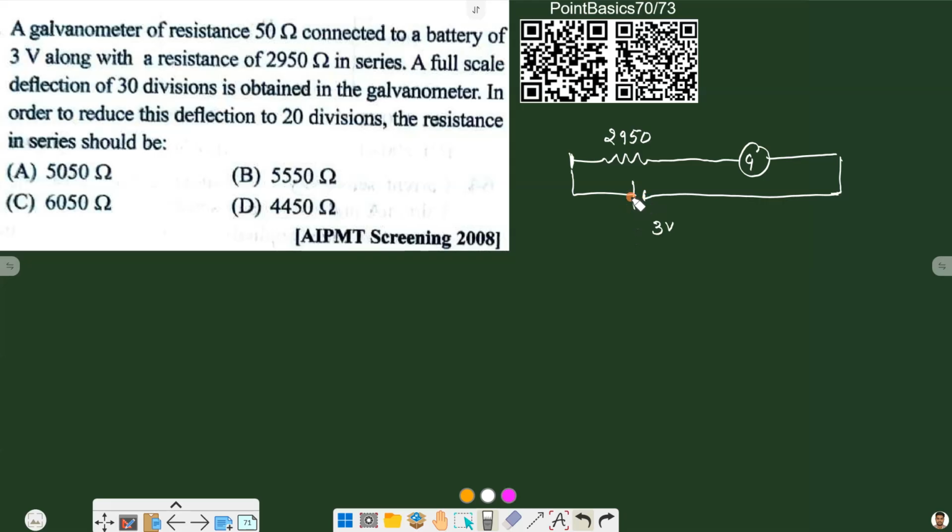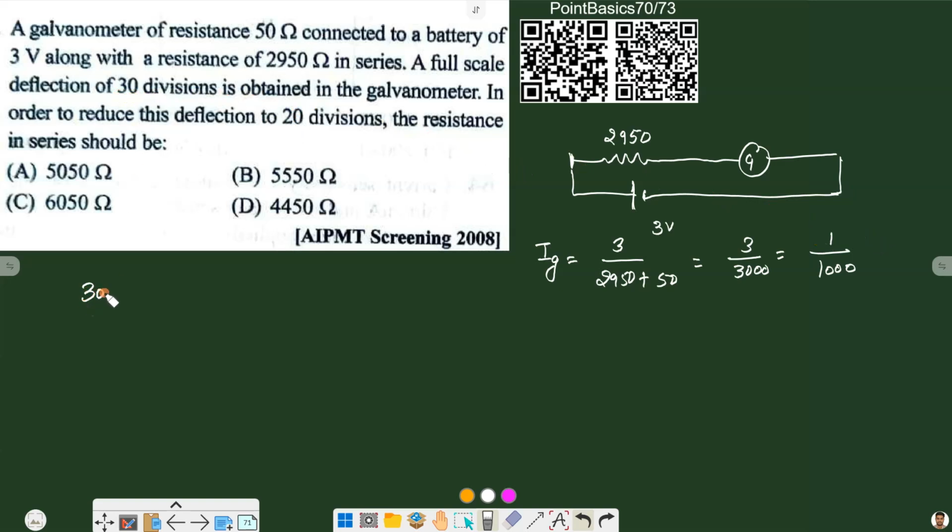So now current in this circuit will be Ig, that is 3 by 2950 plus resistance of the galvanometer, that is 50. So that will be 3 by 3000 or 1 by 1000. This is the Ig, and this current is giving 30 division deflection.